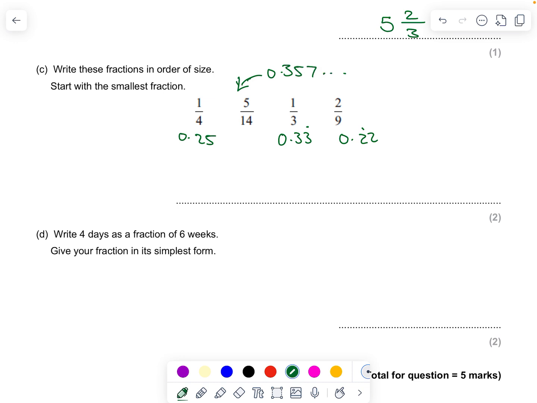So in order, we should have had 2/9 as the smallest fraction, then a quarter, then a third, and then last of all, 5/14. And I know some of you had lots of different ways that you were working that out.